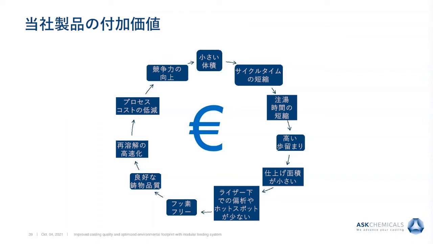All these risers are, as I already mentioned, available in completely fluorine-free formulations, which gives better metal quality. With the smaller metal volumes, also faster remelts, which leads to remarkable savings in process costs and leads our customers to much more competitiveness by using our risers.